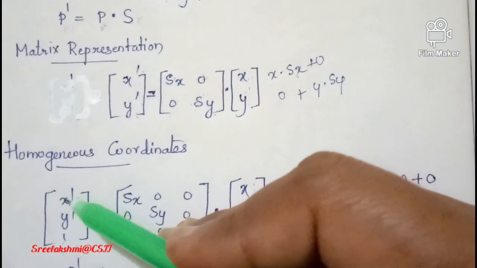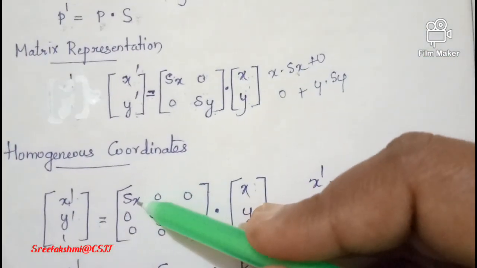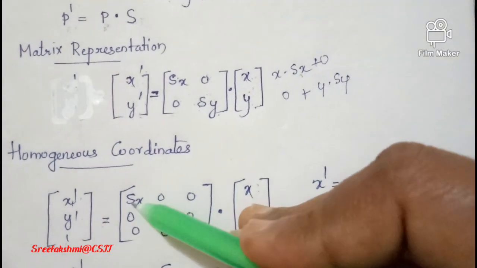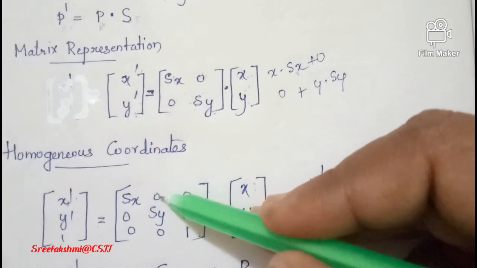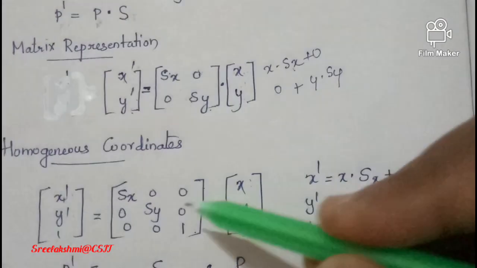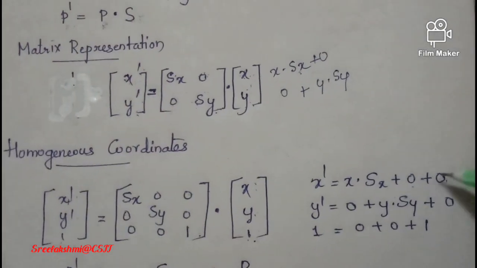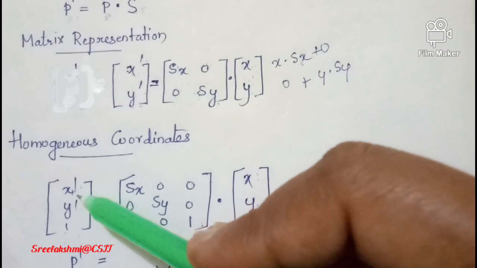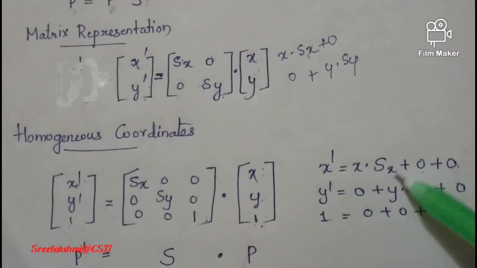Let us check. X dash is equal to x into sx, plus 0 into y, which is 0, again plus 0 into 1, which is also 0. So by this we get the equation x dash is equal to x into sx. We got the first equation.